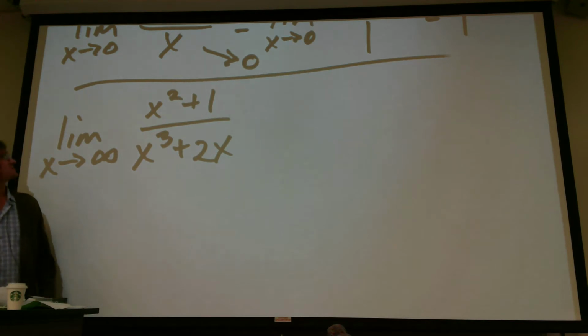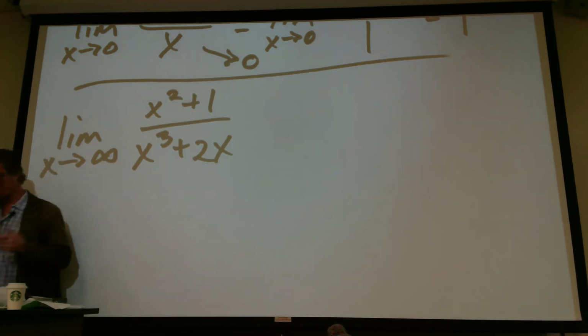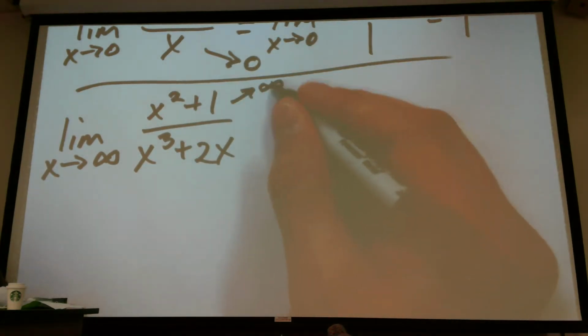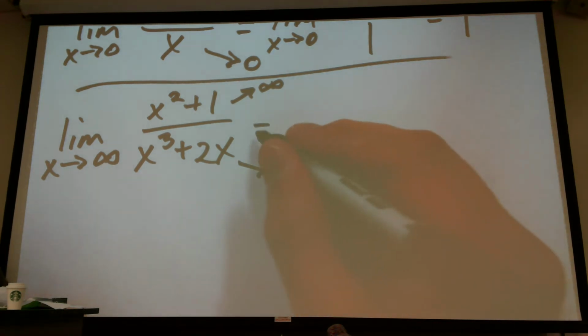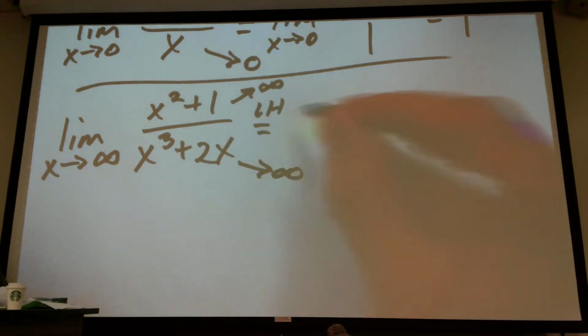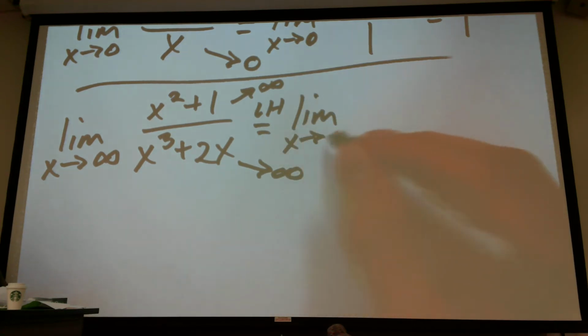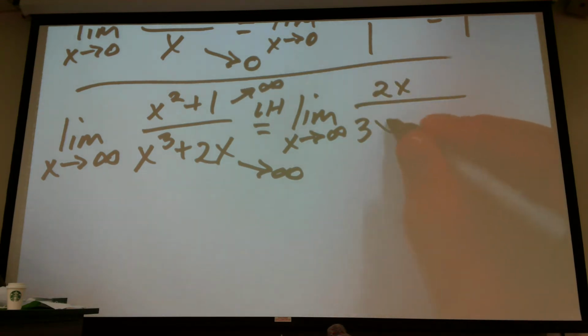So both the top and the bottom of this problem are headed towards infinity. So why don't I apply L'Hopital's rule? That would be the limit as x tends towards infinity. The top would just become 2x. The bottom would become 3x squared plus 2.